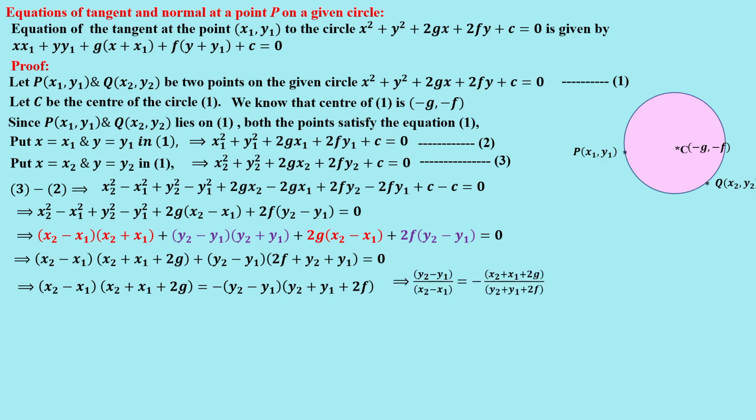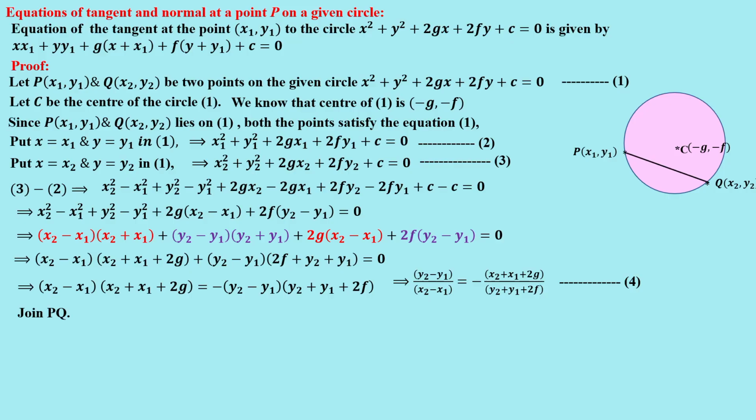Now keeping y2 - y1 as it is, taking x2 - x1 to the right-hand side, it goes to the denominator: (y2 - y1)/(x2 - x1). Bringing the minus to the other side and taking the term y2 + y1 + 2f to the left-hand side, it goes to the denominator. So (y2 - y1)/(x2 - x1) = -(x2 + x1 + 2g)/(y2 + y1 + 2f). That is equation number 4.